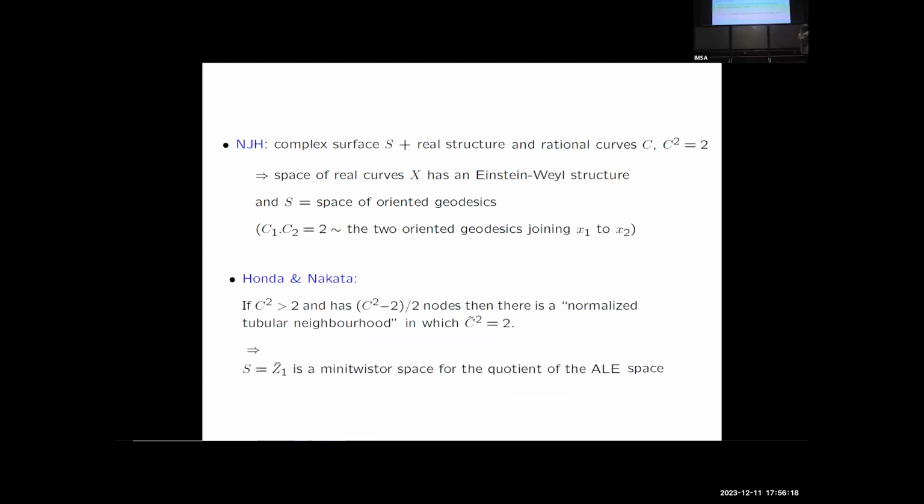What Honda and company did is to say, actually, if you have the condition of self-intersection become a curve with nodes, and certain properties, then you can normalize the neighborhood in which the normalized curve actually has self-intersection 2. And then you can see that this is like a mini-twistor.